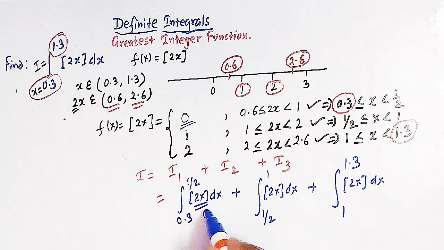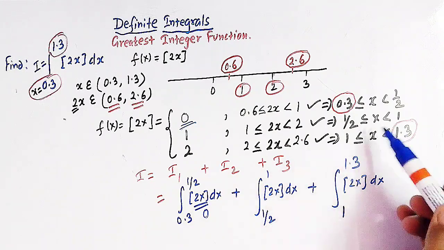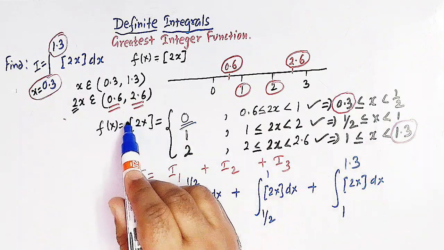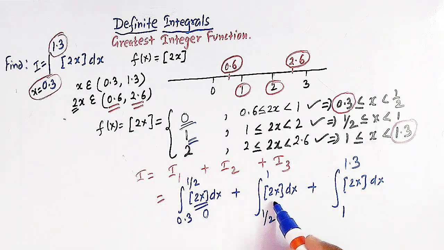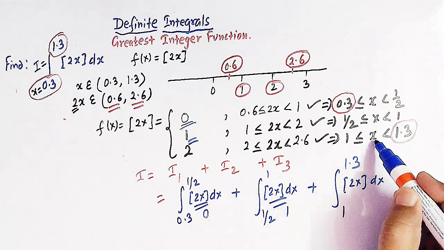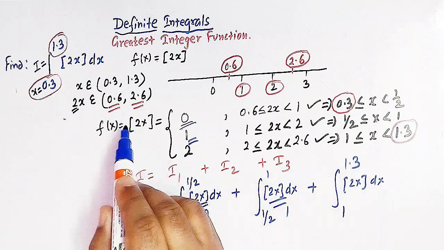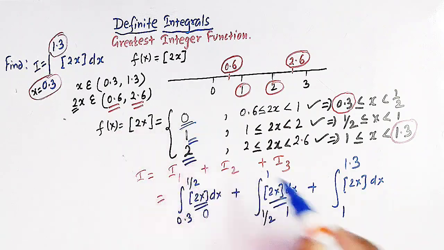So here we'll have 0. And when this x lies between half and 1, then the value of greatest integer of 2x is 1. So here we'll have 1, and when x goes from 1 to 1.3, then the value of greatest integer of 2x is 2. So here we have 2, right?